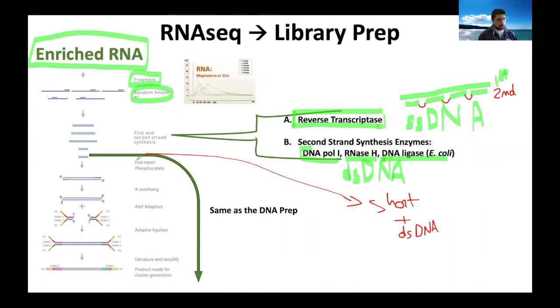So what I do is easy: end repair, phosphorylation, A-tailing, adapter ligation, and then PCR. Once I have a short double-stranded DNA, I can perform exactly the same steps as I performed before in the DNA library preparation.